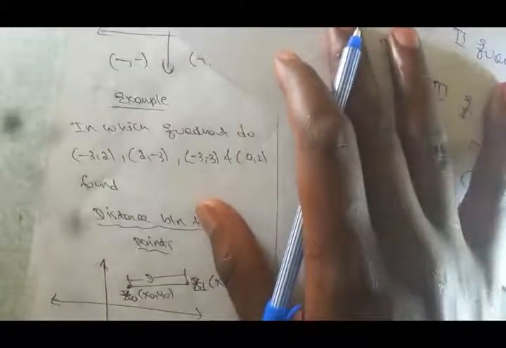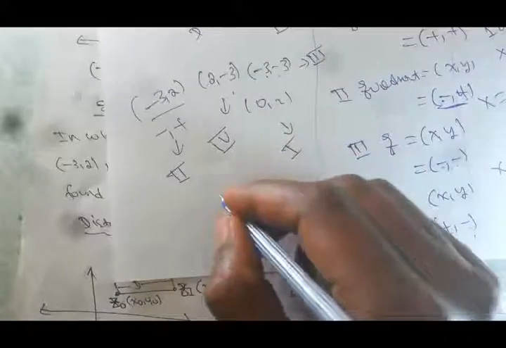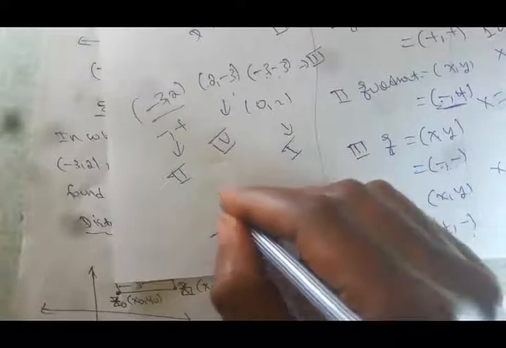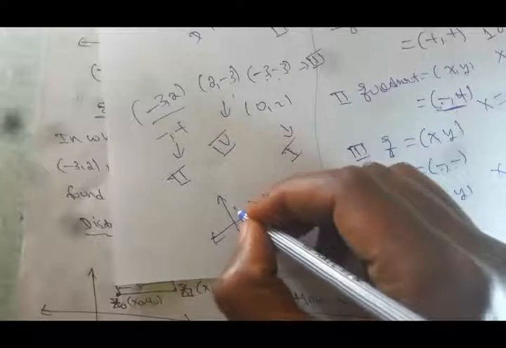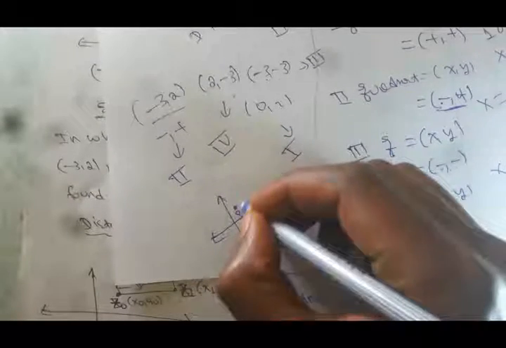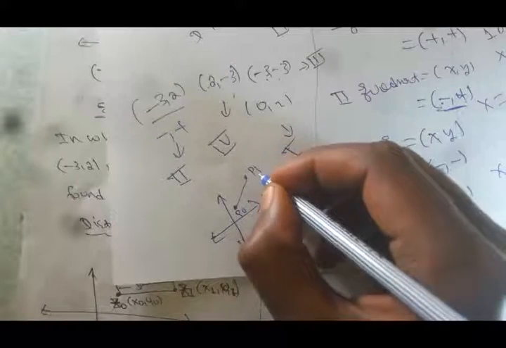And let's talk about the distance between two points. Let's say this is X, this is Y, and the distance between, let's say this is P0 and this is P1.